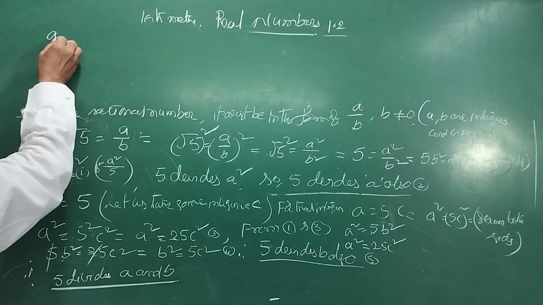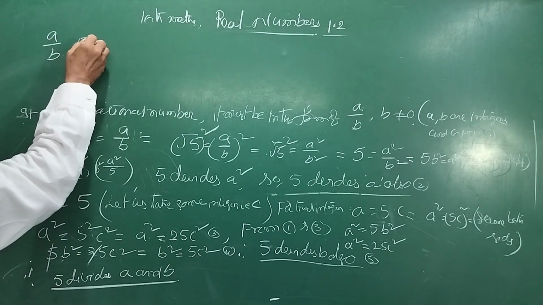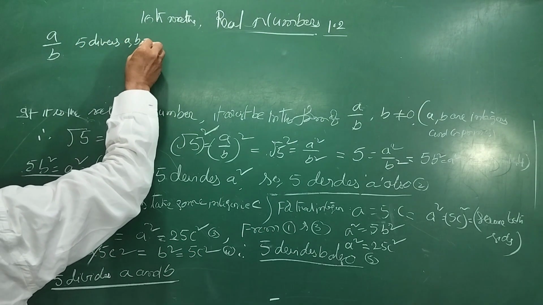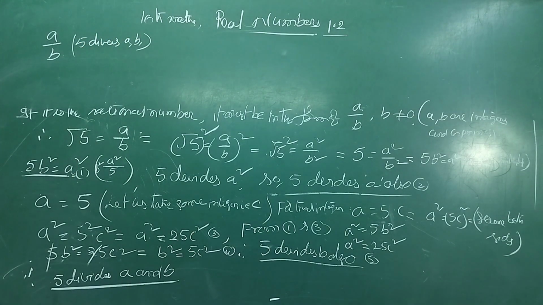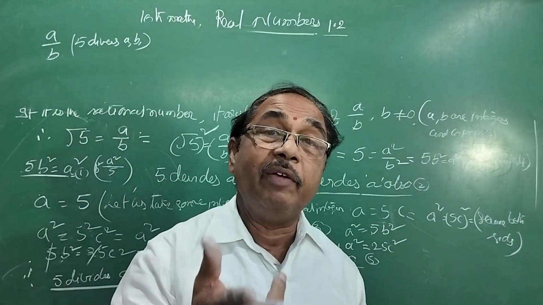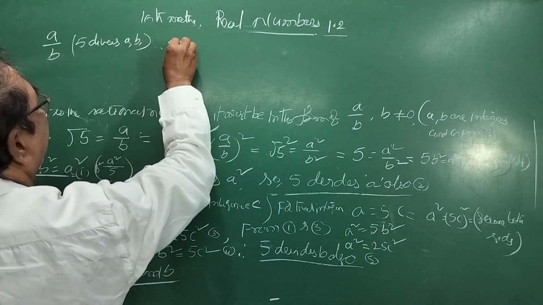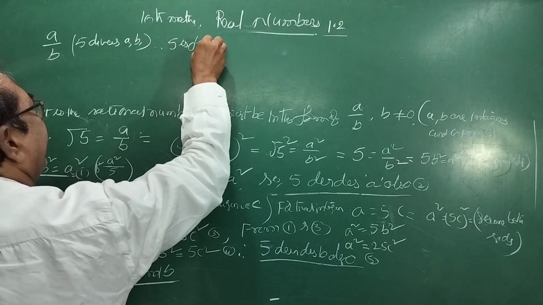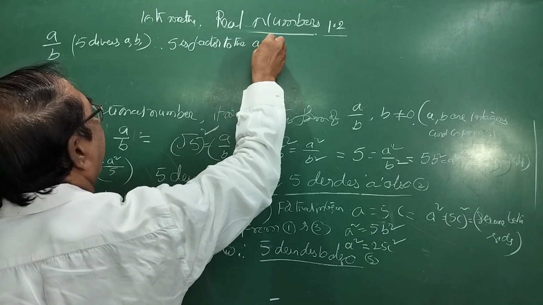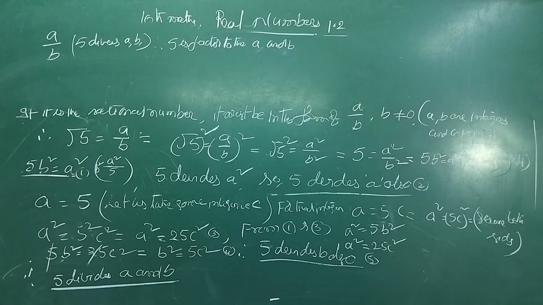That means a and b are what? 5 divides a and b. That means 5 is the factor to the a and b. Therefore, 5 is a factor to the a and b.